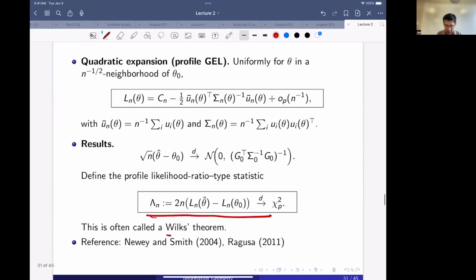So if L is log likelihood, then this is called Wilks theorem, right? But it turns out that even for a semi-parametric model, you can develop the Wilks theorem.